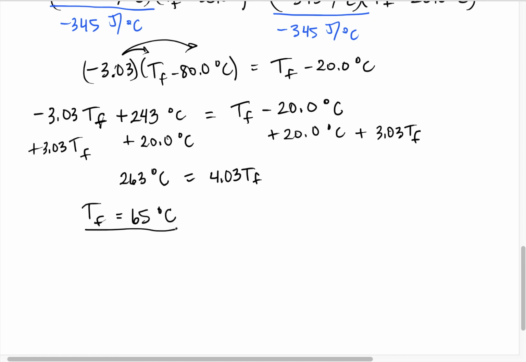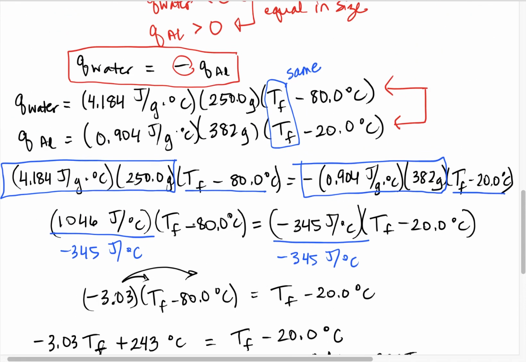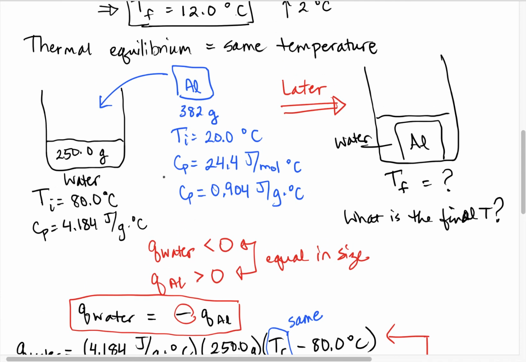So when you do a calculation like this and you get a number, it's a very good idea to stop and look back at what you did and say, does this number make sense? 65 degrees C. So look back at what your system was. I had some water that was at 80 degrees Celsius, and I had some aluminum that was at 20 degrees Celsius.